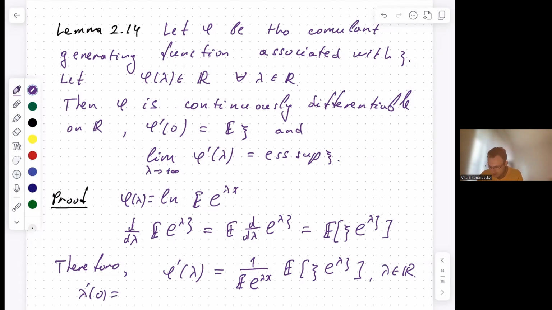You will have expectation of xi divided by expectation of 1. It is the expectation of xi. Therefore, we already proved two parts, or two claims, in this lemma.